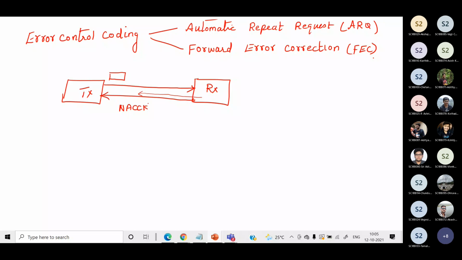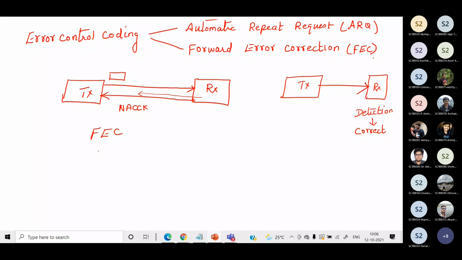So for this one, we need only one link between the transmitter and the receiver. Here, first there will be error detection, and once it is detected, it will try to correct where the error has occurred. In this course, we will be studying this forward error correction, that is FEC.